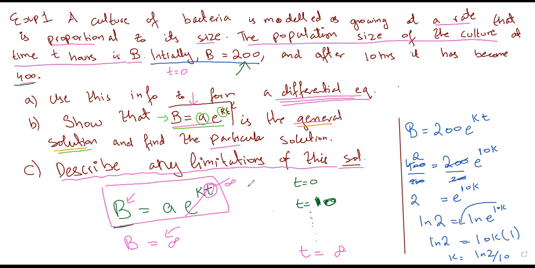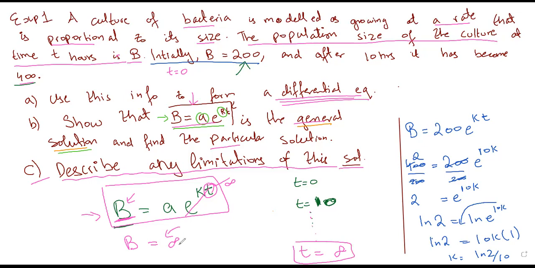Yes. Okay. And in the last part, whenever you are asked to find the limitation of any solution, first we state the solution and try understanding it: for different values of t, we get the size of our bacteria. If t gets very, very big, such that t becomes equal to infinity, b would also become infinity.